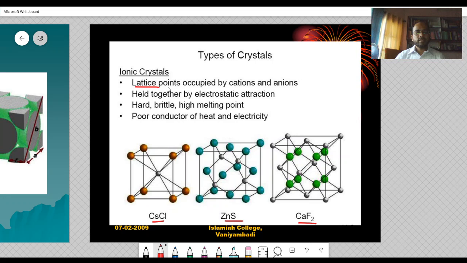Here the lattice points are occupied by cations and anions. You know what is meant by lattice? Lattice is having a unit, for example CsCl, that gets repeated. That repeating unit is called the lattice.